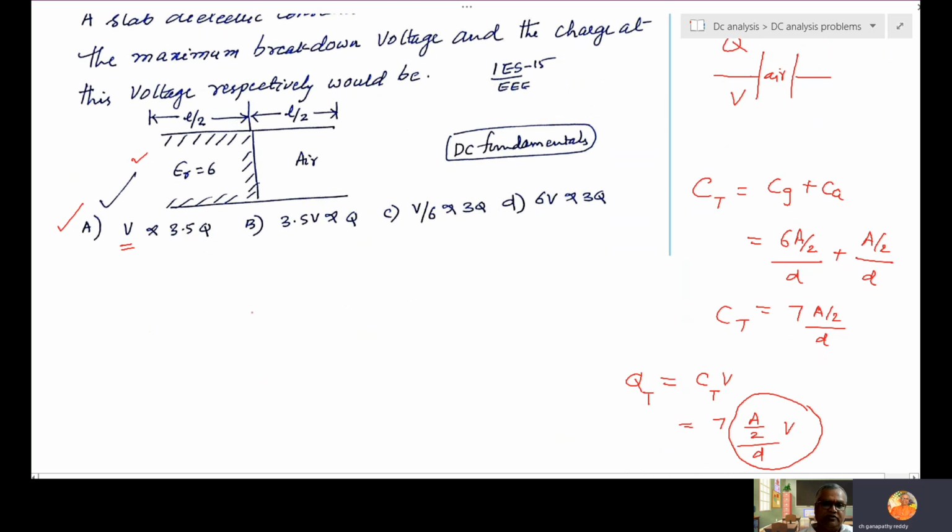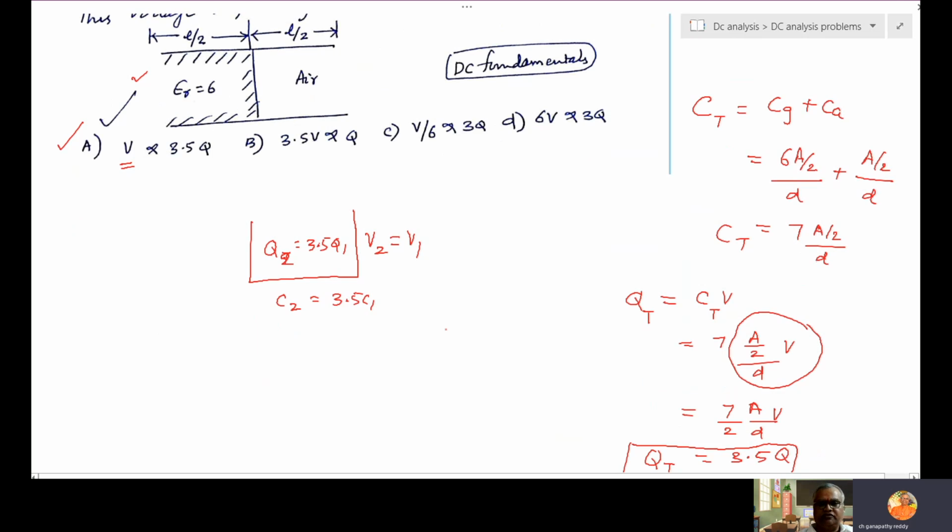This concept is always important. If V2 equals V1 and C2 equals 3.5 C1, then obviously Q2 is 3.5 Q1. So V2 equals V1 only when C2 is increased 3.5 times. That is a concept.